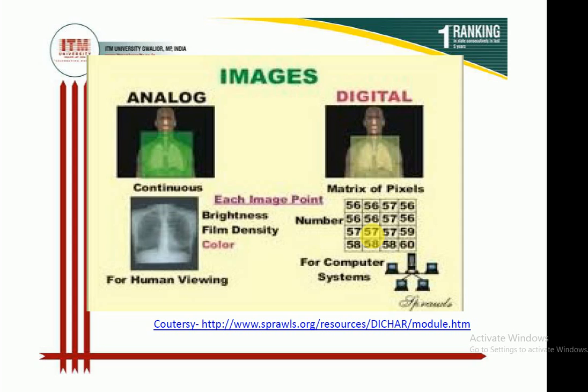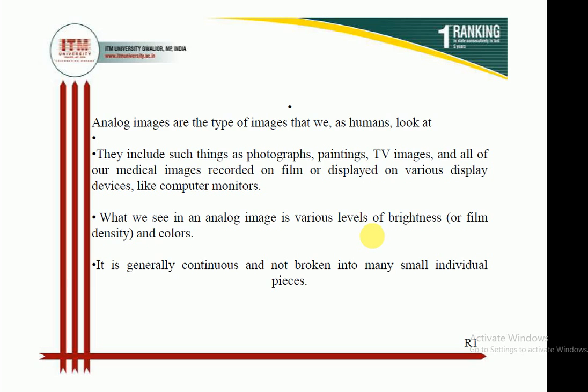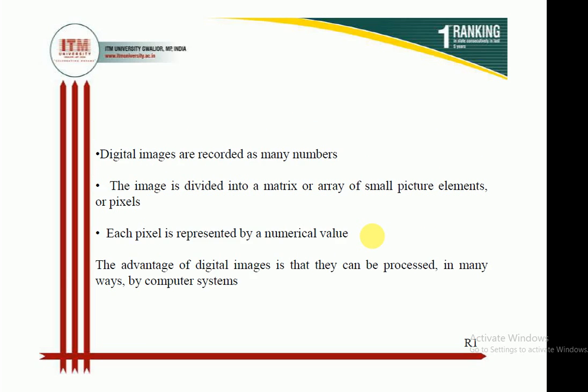There are basically two digits which a computer understands, called binary digits or bits, so whether the area is marked or unmarked. Digital images are present in the form of a matrix having certain rows and columns, and each row and column intersection forms a small square which represents a particular pixel.